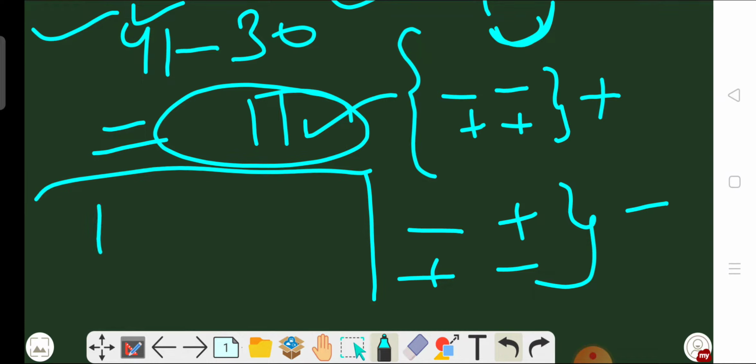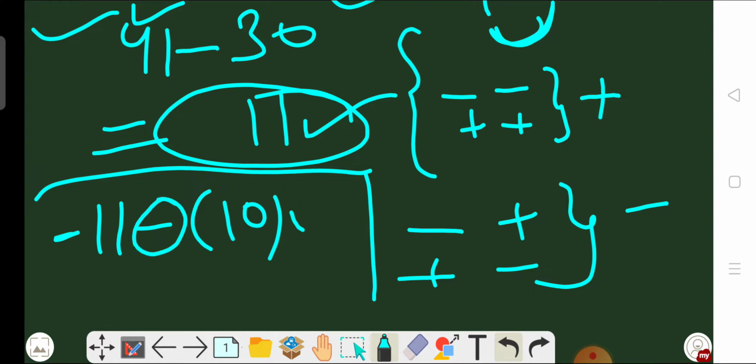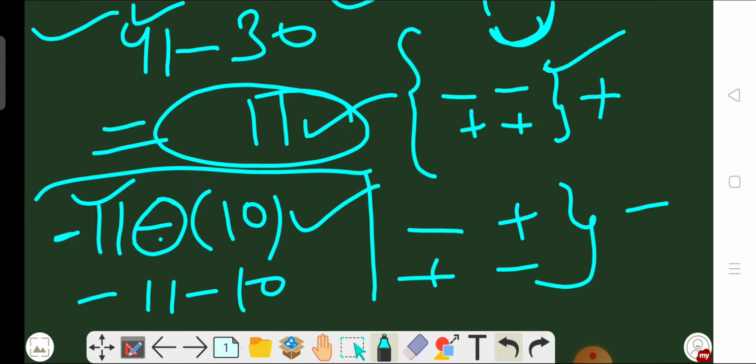For example, if you have to subtract minus 10 from minus 11, this is the symbol of subtraction. One is positive, another is negative. Okay, but due to this symbol both will become negative, so both are negative numbers, so both have the same sign. So what do you have to do? You have to add them.